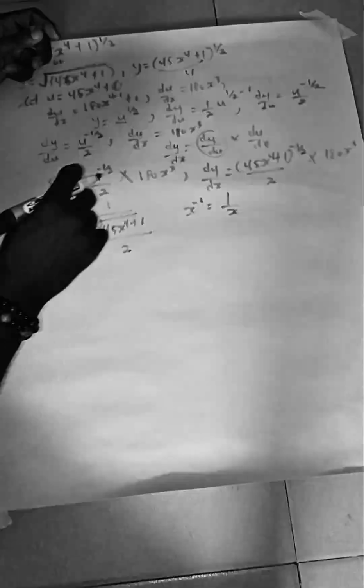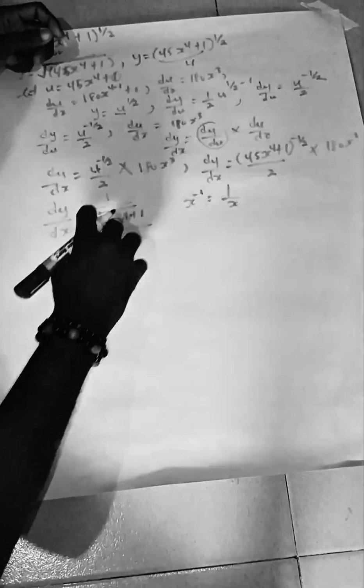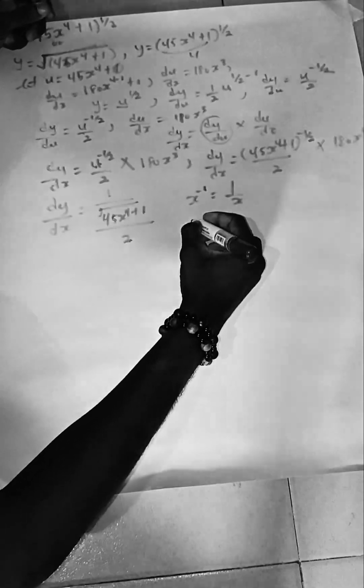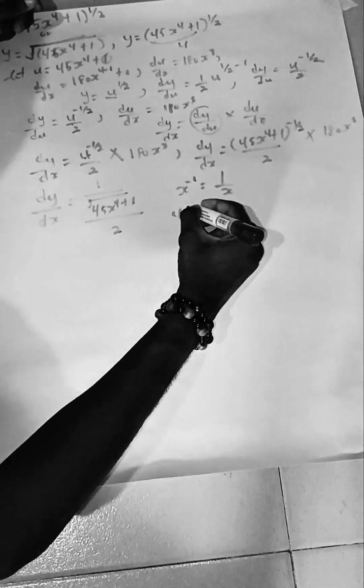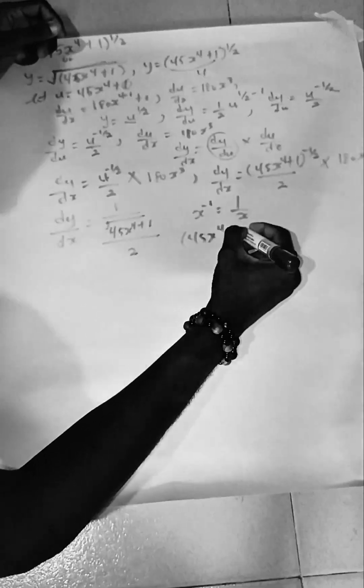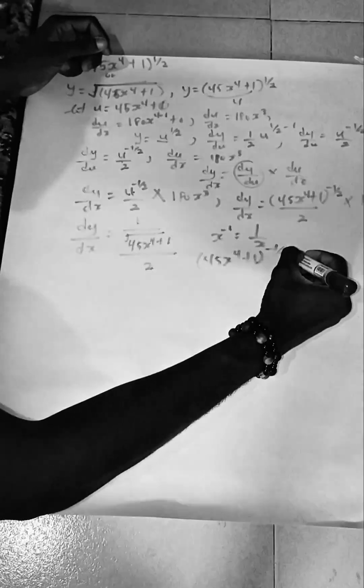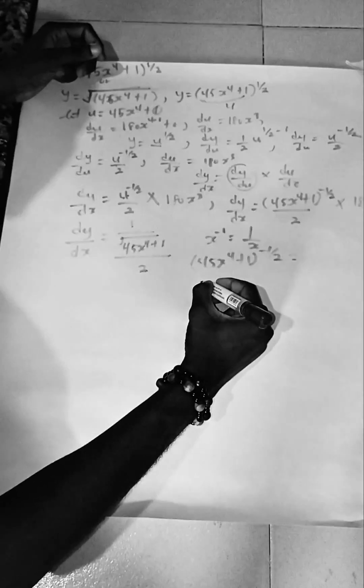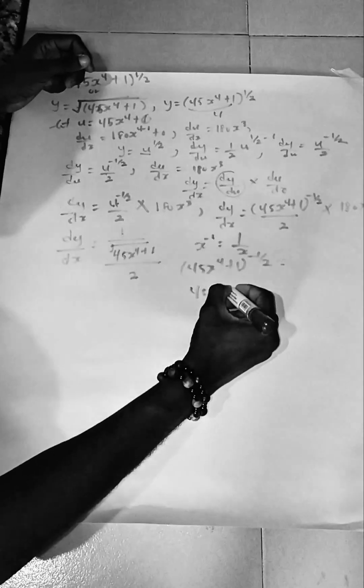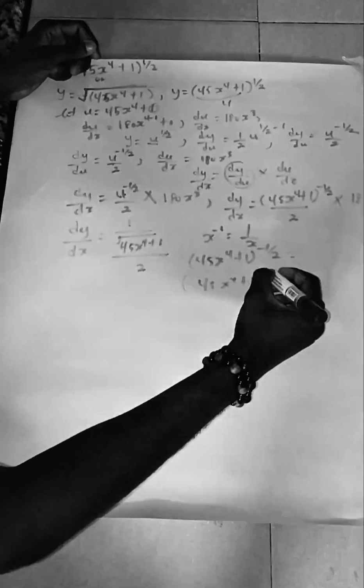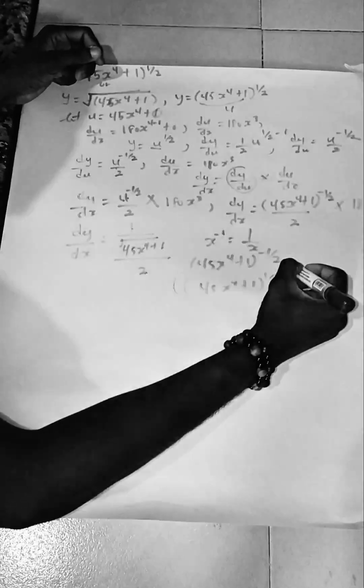So with this function here, the logic behind this is, if you have something like 45 x raised to the power 4 plus 1, all raised to the power minus 1 over 2, we could also rewrite this as 45 x raised to the power 4 plus 1, all raised to the power 1 over 2, then all raised to the power minus 1.